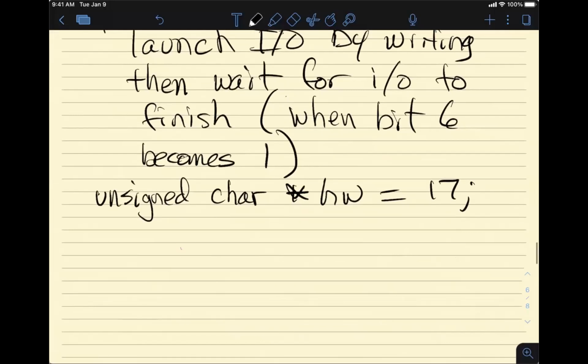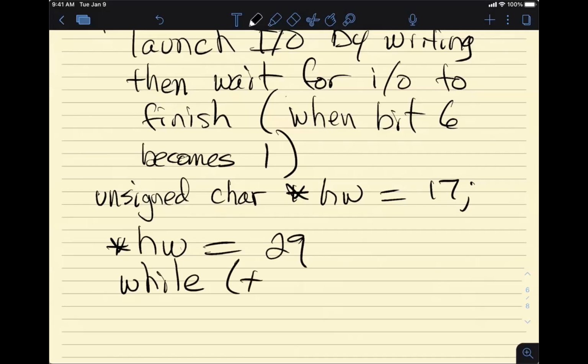So I'm going to write to the hardware by saying star HW equals 29. So that 29 actually goes out to the hardware. And then I want to read from the hardware. And I said bit 6, didn't I?